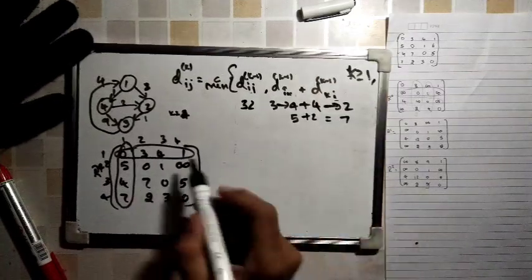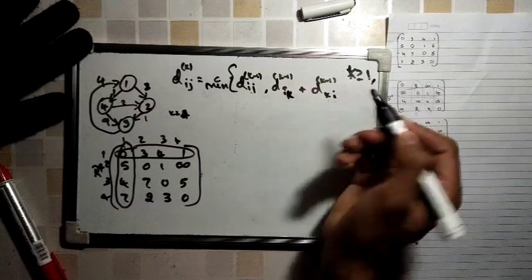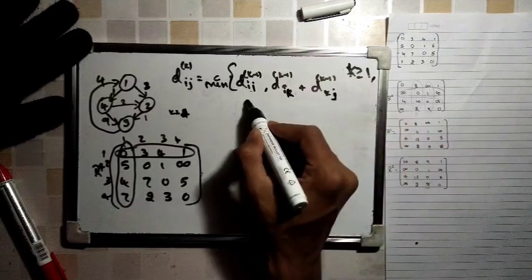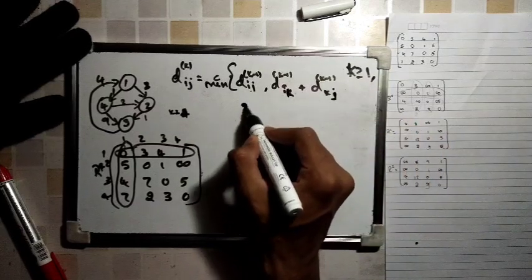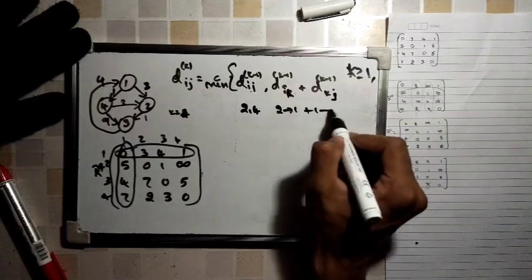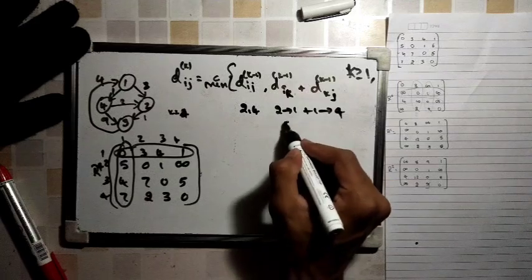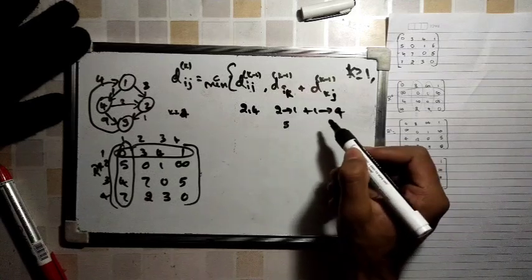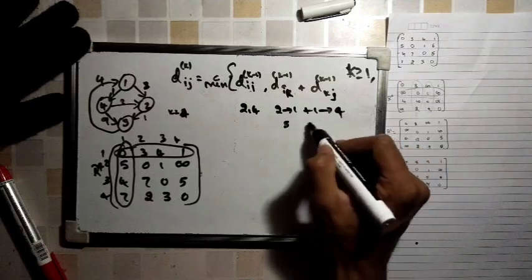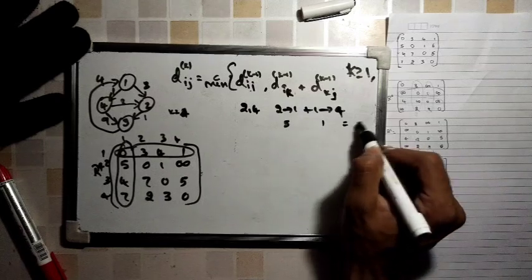So now what I will do, so this is i k and k j, right? So I have to find the infinity, that is 2 comma 4. So 2 to 1 plus 1 to 4. So 2 to 1 is 5 and 1 to 4 is 1. So yeah, it gives me 6.